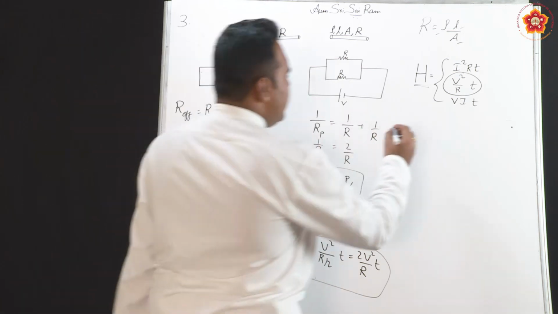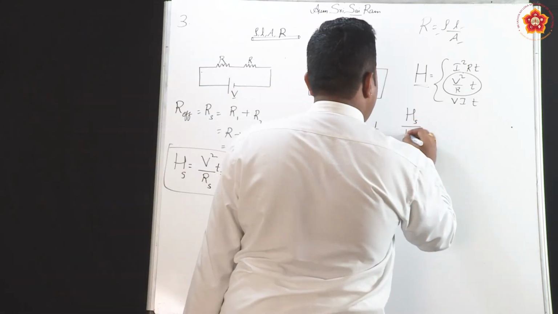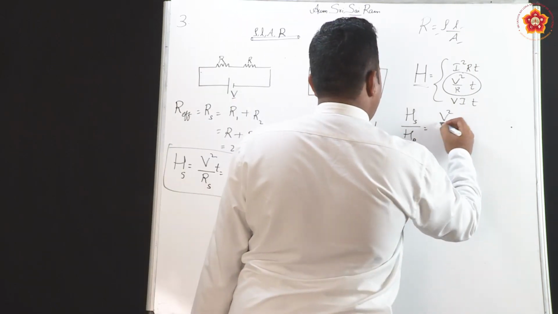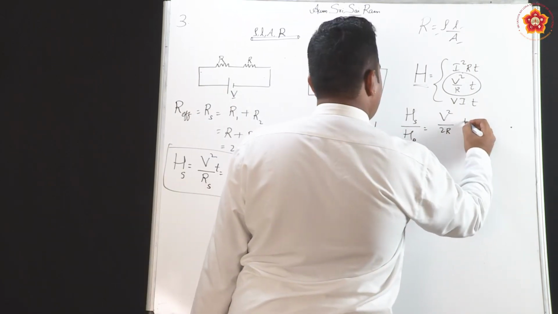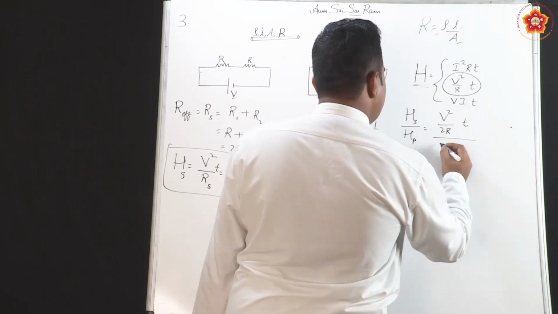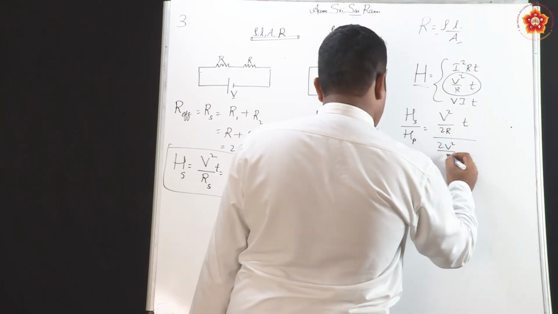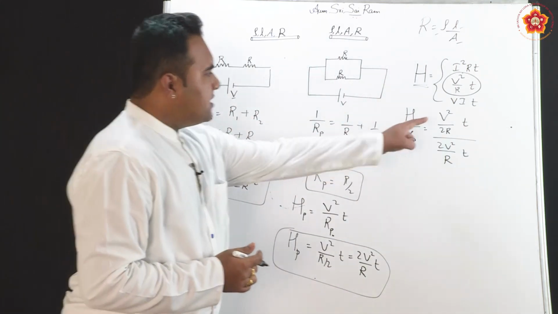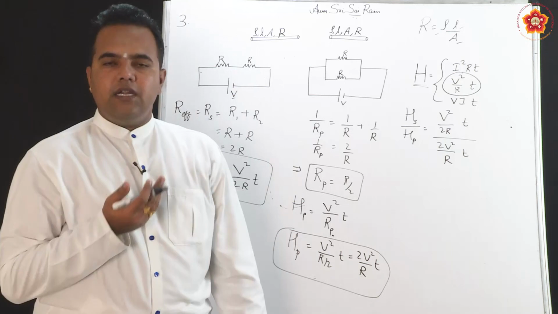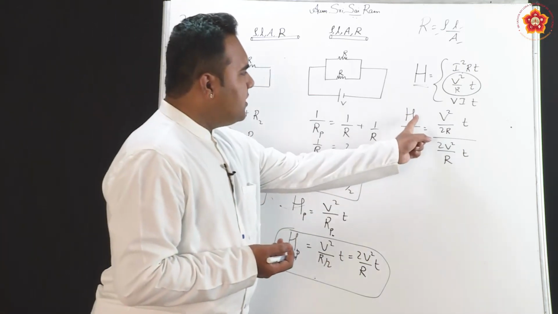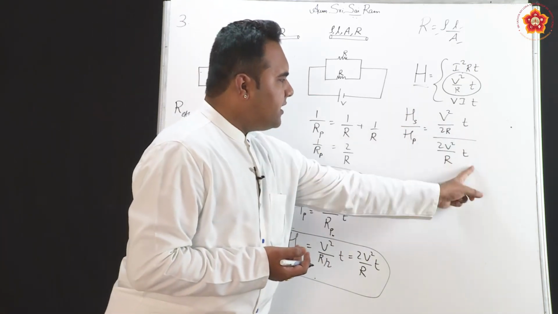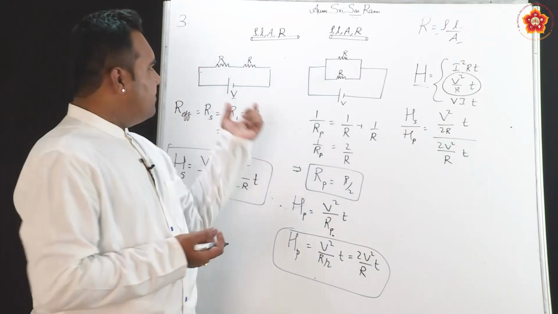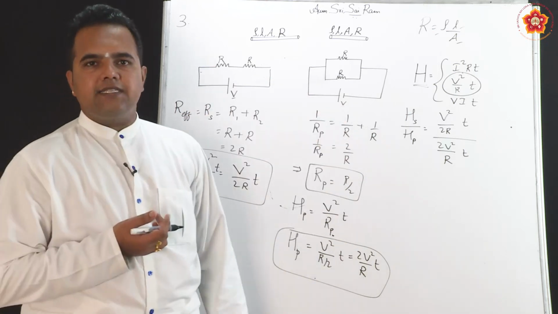So what do we do? Hs by Hp will be the ratio of V square by 2R into T divided by 2V square by R into T. We assume that the current is flowing for the same amount of time, so we take the time to be constant. Voltage is anyway constant because the same voltage is applied in the first circuit as well as the second circuit.